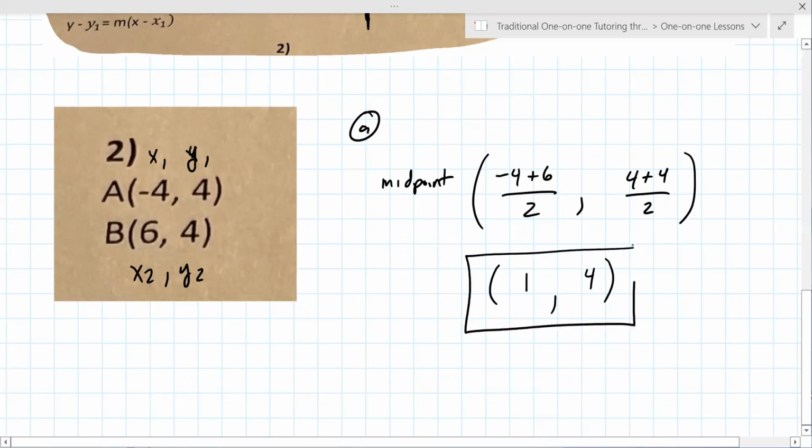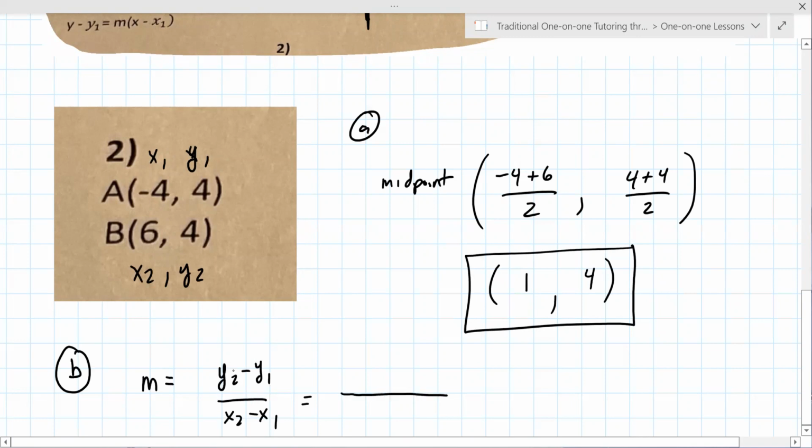That's part A. Part B, what we're trying to do is write the equation of a line. The first step is to find the slope. The slope is y2 minus y1 over x2 minus x1. What is the value of y2 in our problem here?